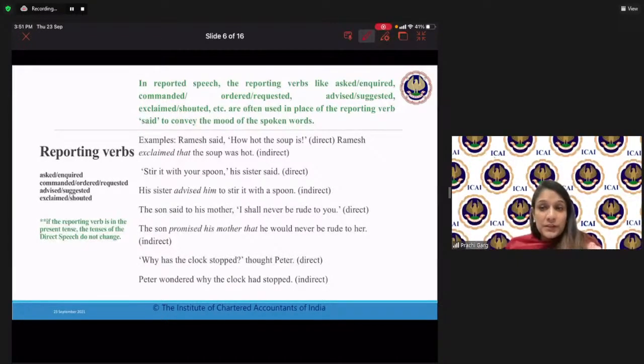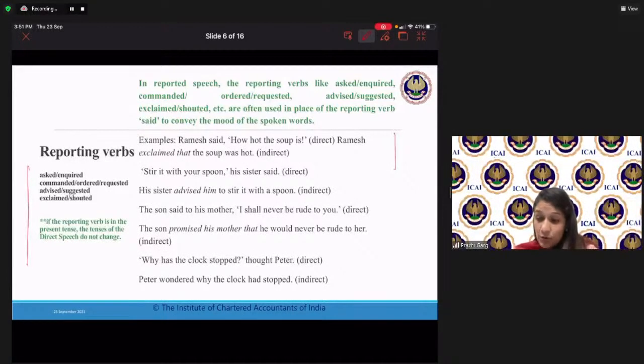I've already explained to you in this slide that you have different kinds of reporting verbs: asked, inquired, commanded, ordered, requested, advised, suggested, exclaimed, shouted. So when you use different reporting verbs according to the tone of a dialogue or reported speech, this actually makes your writing very interesting. Okay, so you can use these different words. Like, just look at this expression.